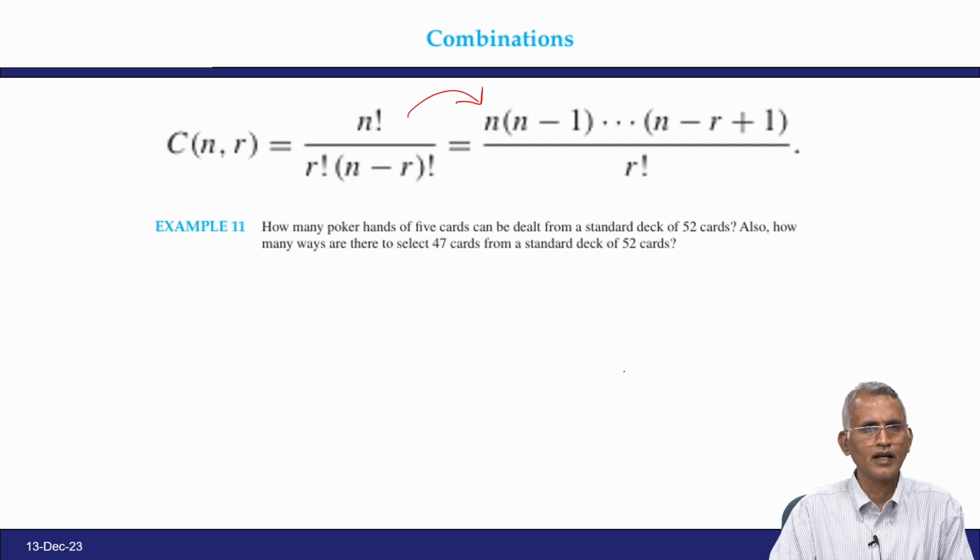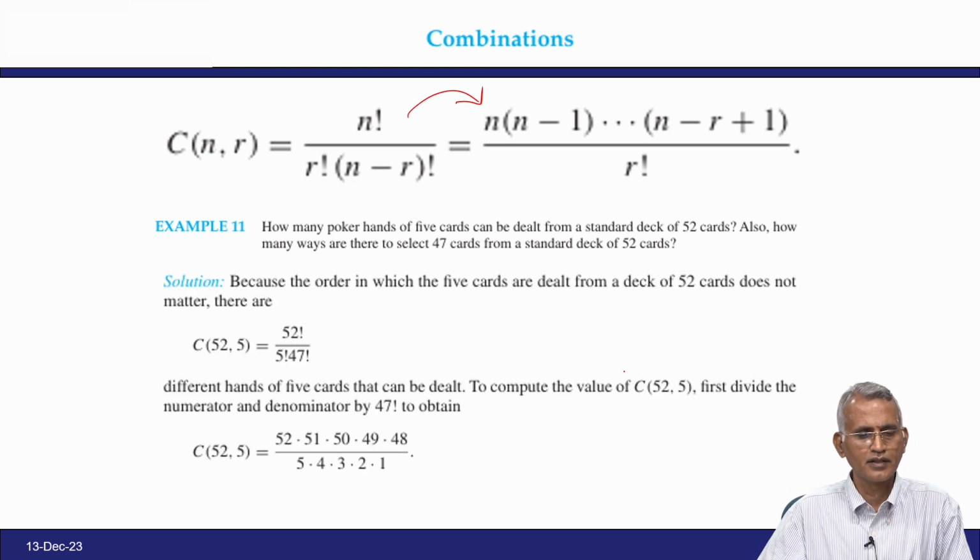Now, we will go to example 11. How many poker hands of 5 cards can be dealt from a standard deck of 52 cards? Also, how many ways are there to select 47 cards from a standard deck of 52 cards?